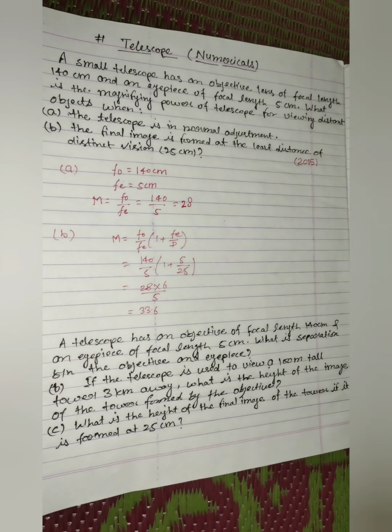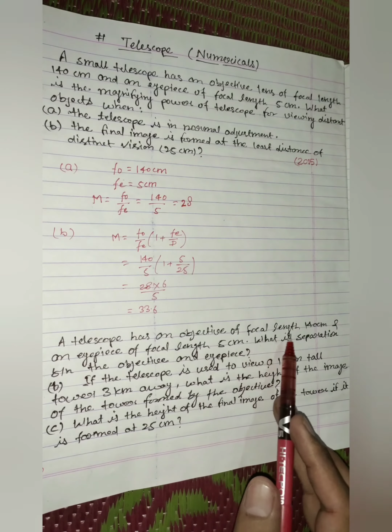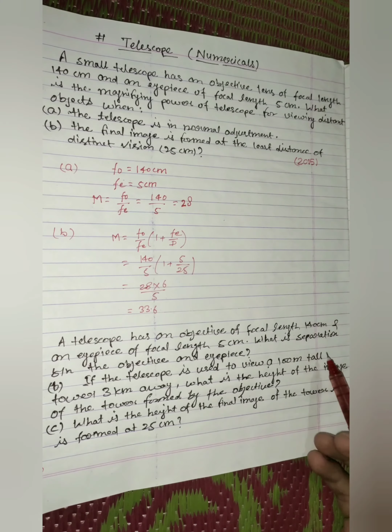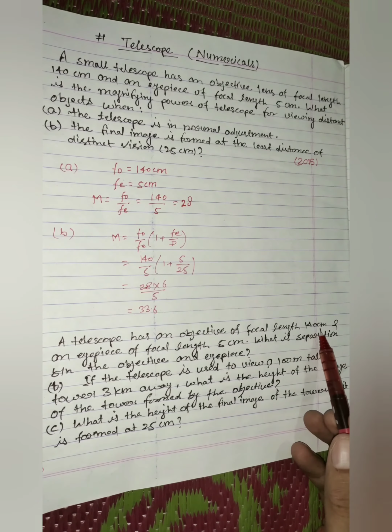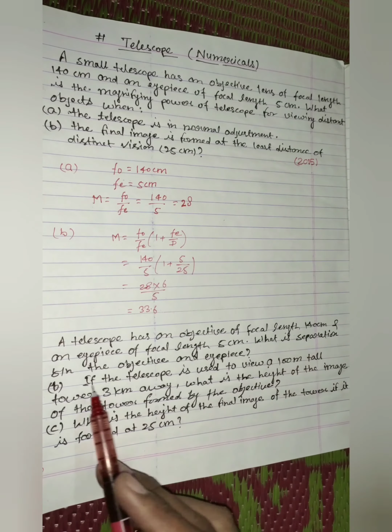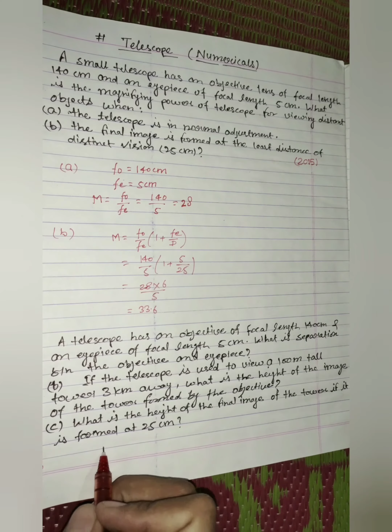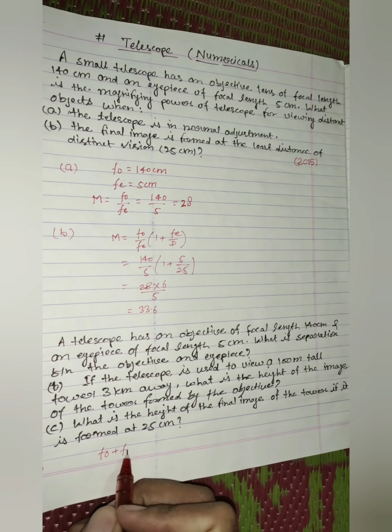Let's take another problem of another kind. The second problem: a telescope has an objective of focal length 140 centimeter and an eyepiece of focal length 5 centimeter, the same as the first problem. What is the separation between the objective lens and eyepiece lens? I told you the length of the telescope, which is the separation between objective lens and eyepiece lens, is simply the sum of the focal length of objective and the focal length of eyepiece.